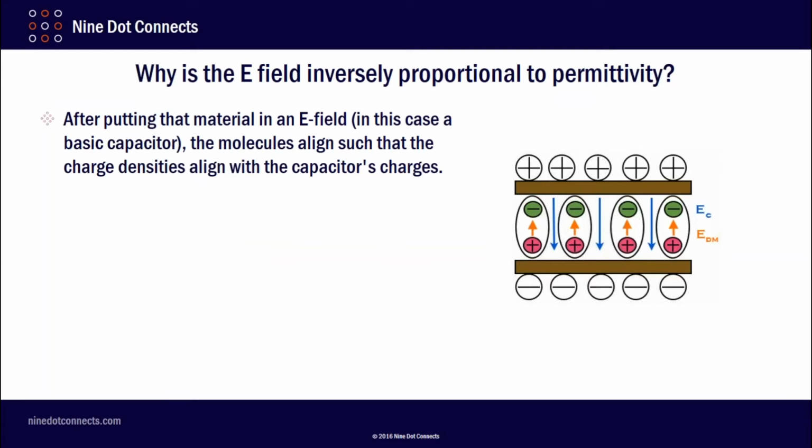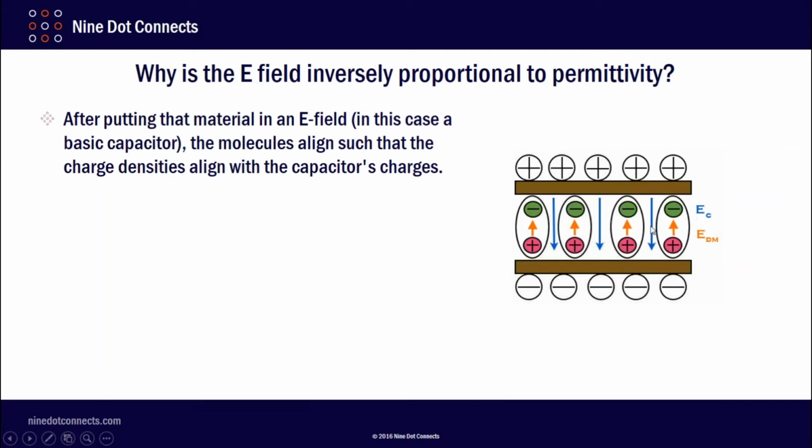Now, if we put this dielectric material that has these dipole moments in an E field, we're going to use a typical case of a basic capacitor, because we all know how a capacitor behaves. You'll see that the molecules are going to align such that the charge density is aligned with the capacitor's charges. So if I have the top plate with positive charge and the negative plate down here at the bottom, you notice that the molecules' charge densities are what align first.